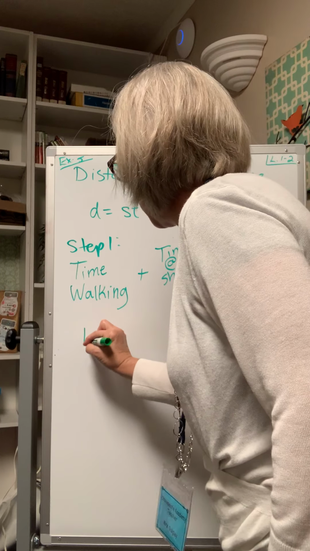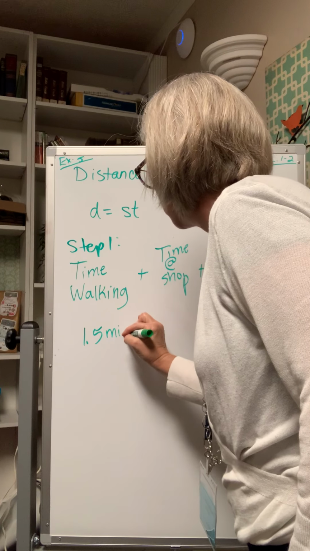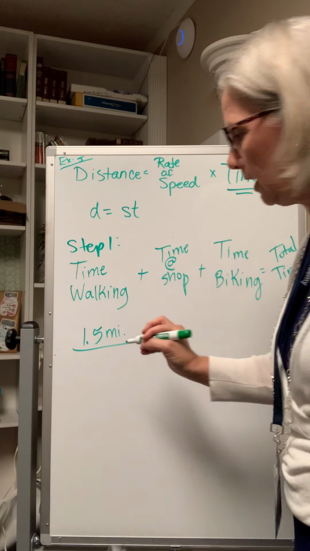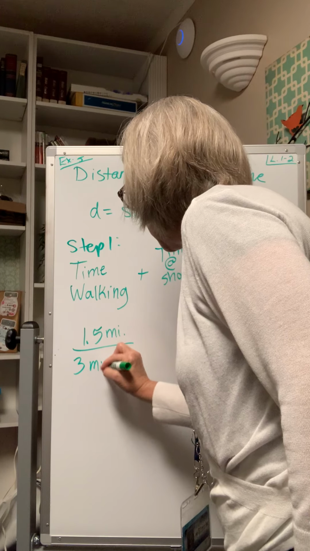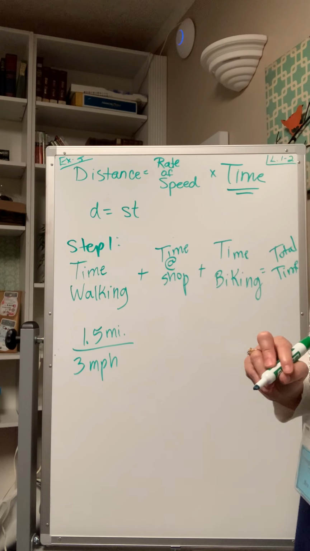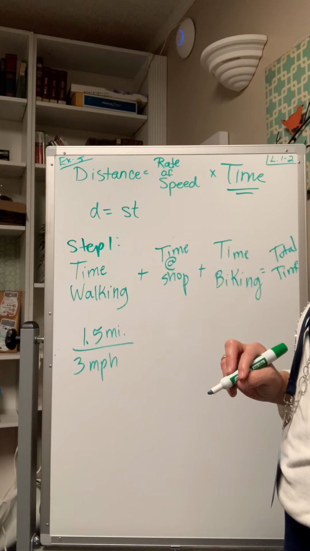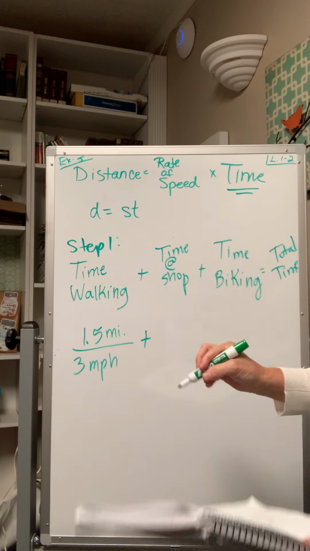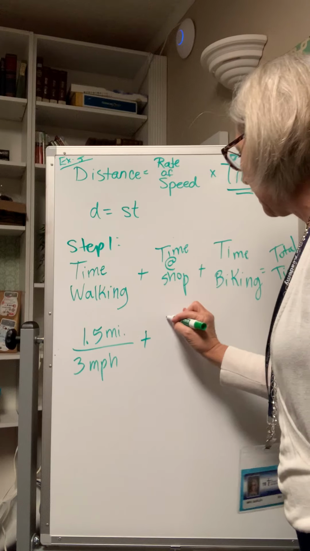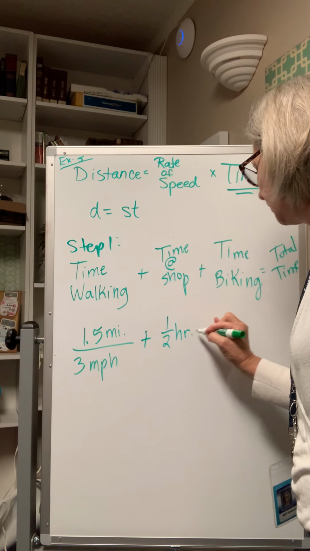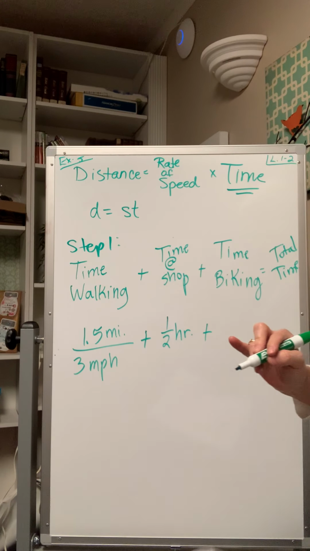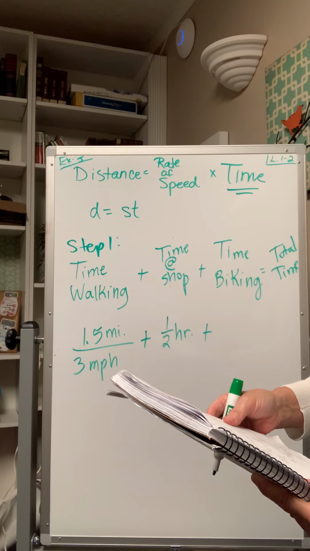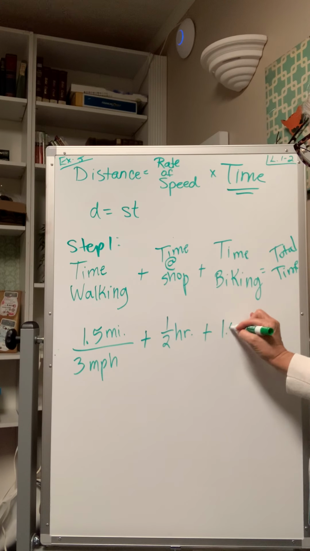She's going 1.5 miles, and the rate goes underneath at 3 miles per hour. Okay, time walking. The time she spent at the shop was a half hour, we are told. And then lastly, the time biking, we are told, is 1.5.